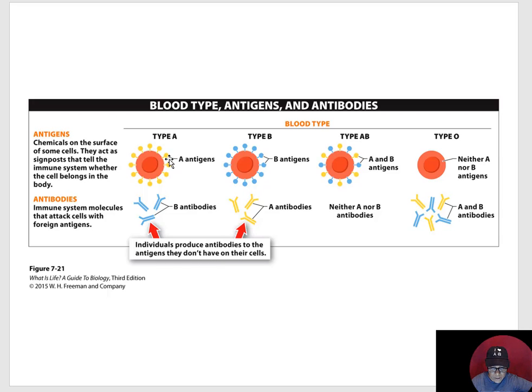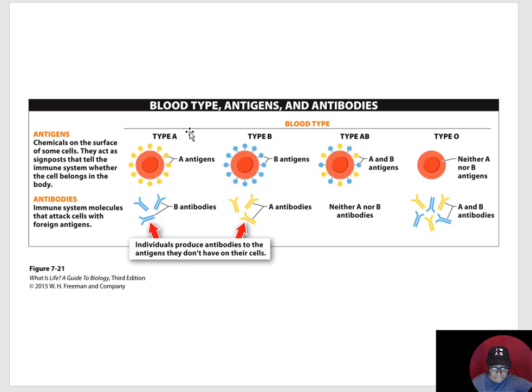So if you have type A blood, you have type A antigens, and you will have antibodies against type B, right? If you have type B blood, you're going to express type B antigens, and you will have antibodies against type A, right? If you have type AB blood, then you will express both A and B antigens, and you will not have any antibodies against A or B.